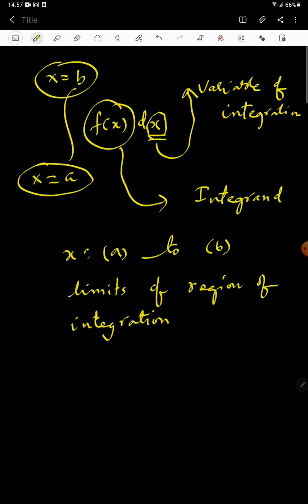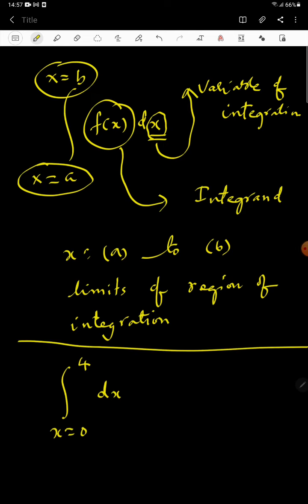Now integral from x equal to 0 to 4 of just dx means the integrand is 1 in this case. So this is going to give x, since integral dx is x, with limits from 0 to 4, so this will come as 4 minus 0, that's equal to 4.